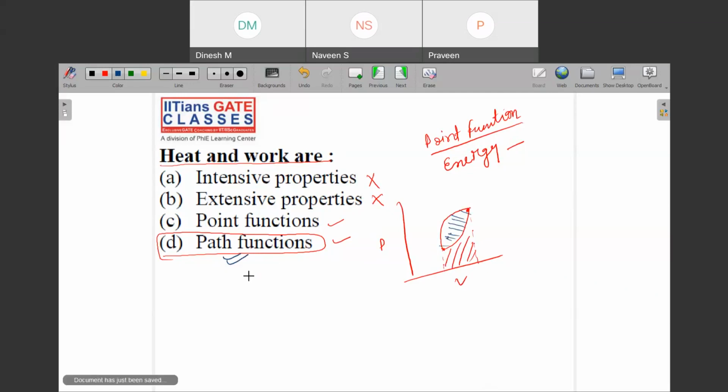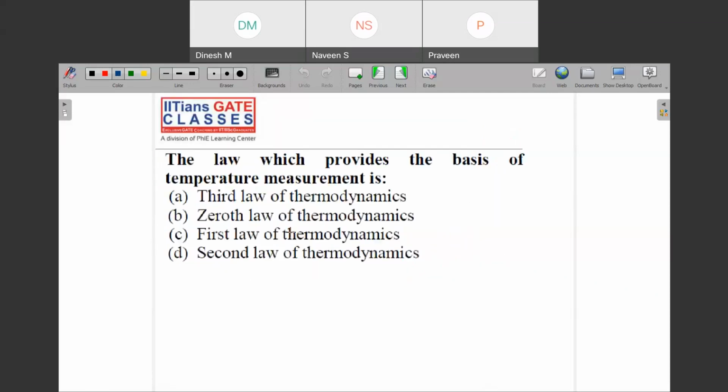Let us read the next question. It says the law which provides the basis of temperature measurement. When we were discussing the zeroth law of thermodynamics, the concept of thermometer was introduced. So the zeroth law of thermodynamics becomes the option. Why?